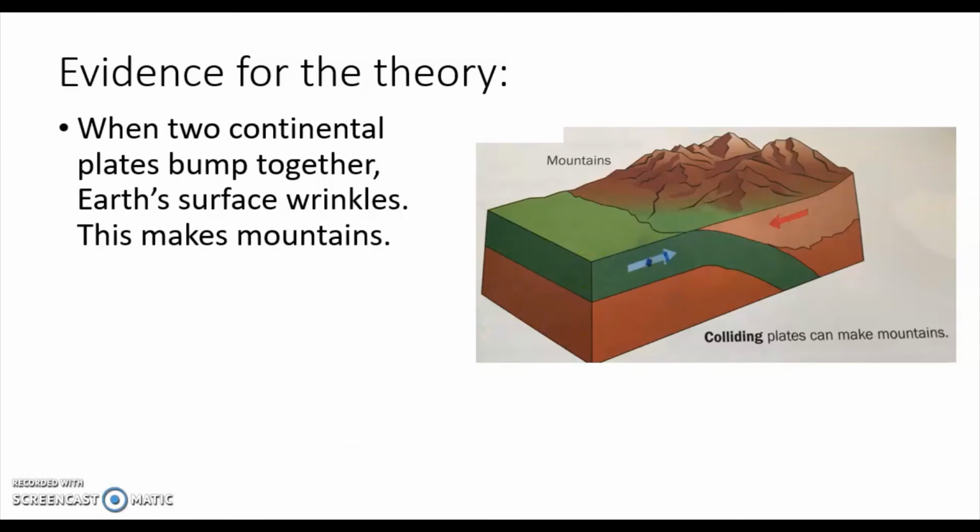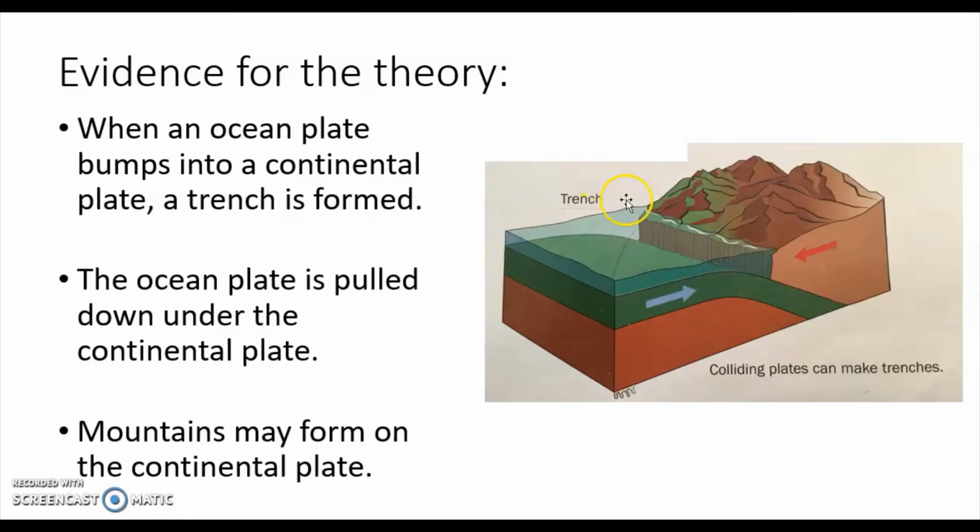Really good illustration of this. And then if an ocean plate and a continental plate bump, you get a trench. Sometimes you get a mountain too, but you definitely get a trench. Okay, that's it for the lesson. Lots of words. Look at the translation documents if you don't understand it.